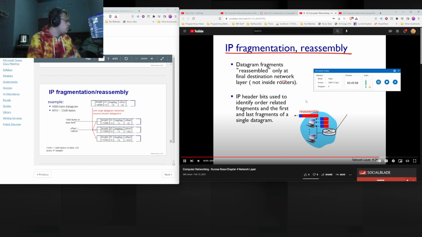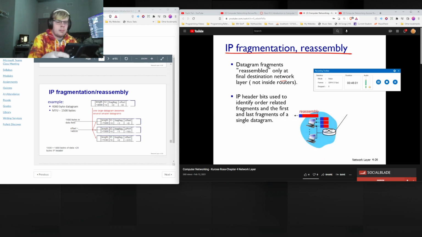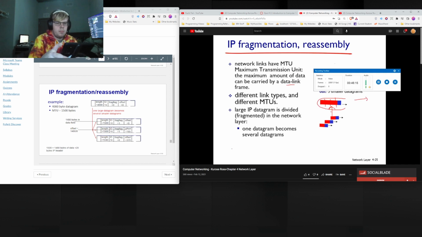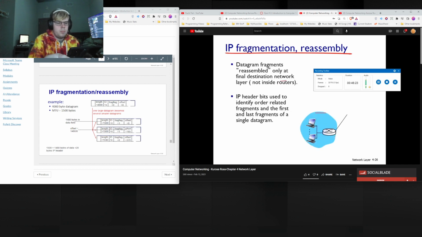Reassembly is done at the destination, not inside the router. So if the datagram is fragmented by a certain link, reassembly is only done at the destination network layer, not inside the router. So inside the router, the reassembly cannot be done. So for example, in the previous slide, this datagram was fragmented into 3 small datagrams. Now these 3 datagrams will be combined into a single datagram only when they arrive at the destination. Now how will it be combined?